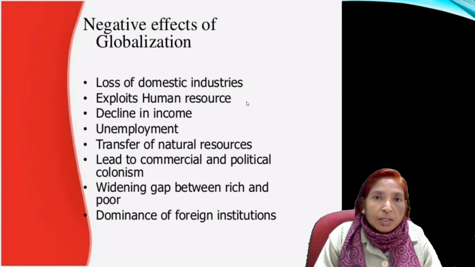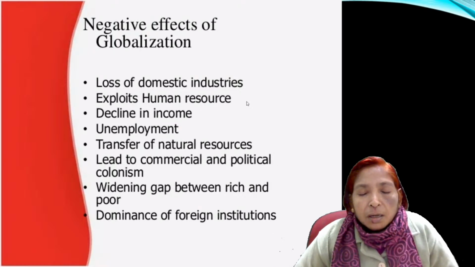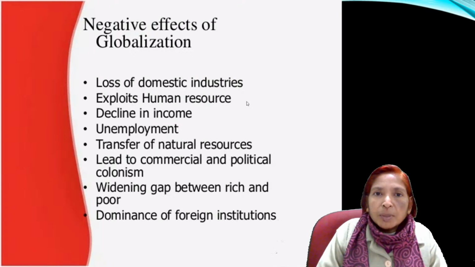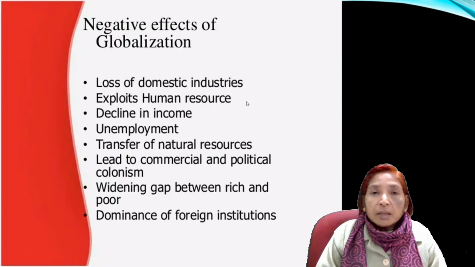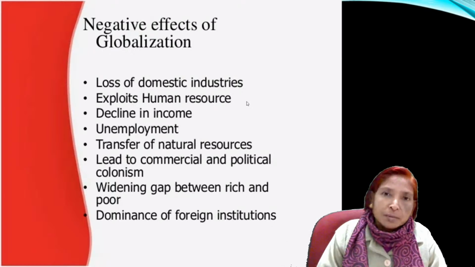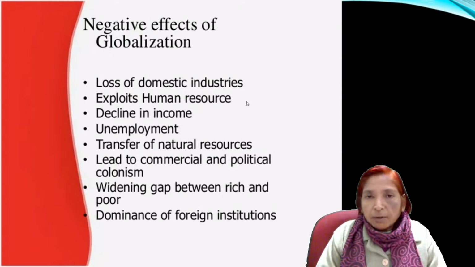Next is transfer of natural resources. Most of the developed countries are extracting natural resources from less developed countries. For example, the African continent is rich in natural resources. They have abundant natural resources, but they don't have modern technologies or physical capital formation to use all the available natural resources for the benefit of their own people.